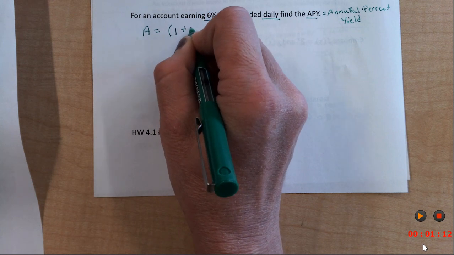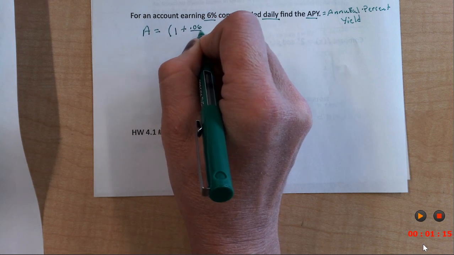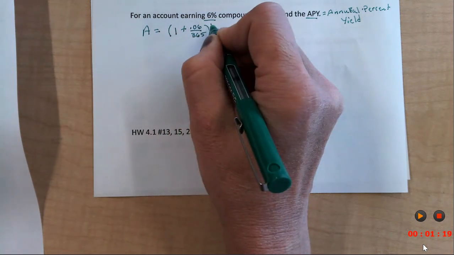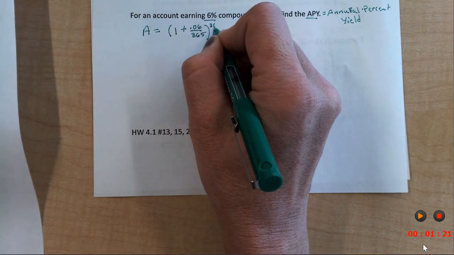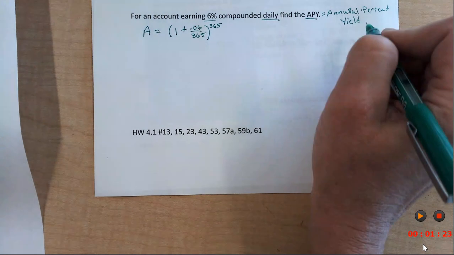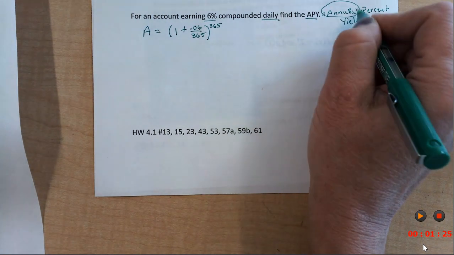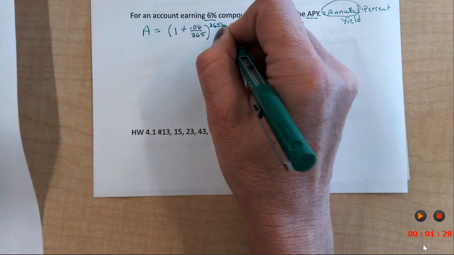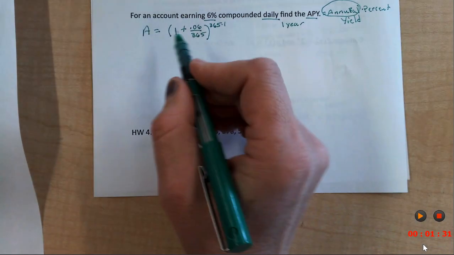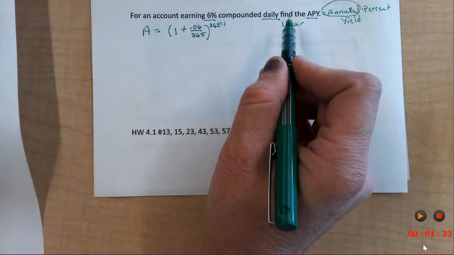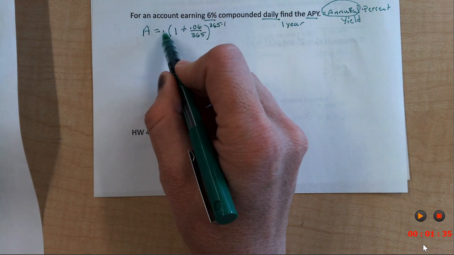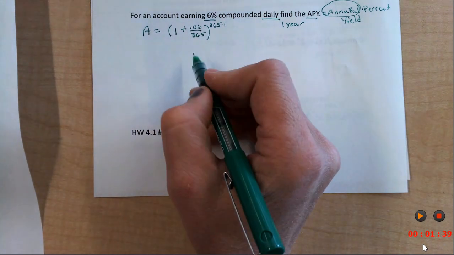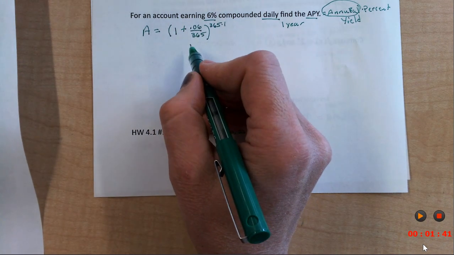I would do 1 plus the interest rate written in decimal form divided by the number of compoundings in a year, all raised to the n, which is 365, and we're doing 1 year because annual, so times 1, which I obviously don't need. I only care about the rate, so P is like 1. So I'm just going to get the 1 plus the rate.